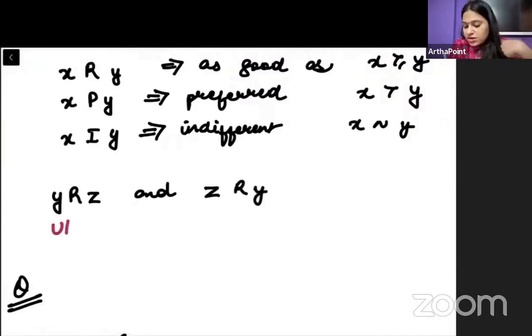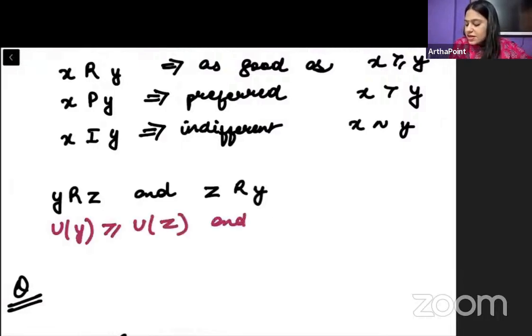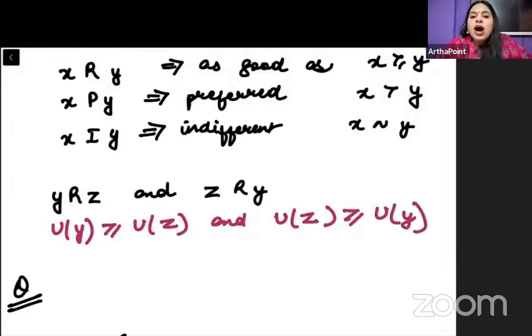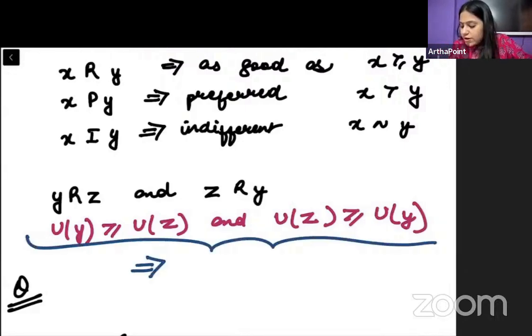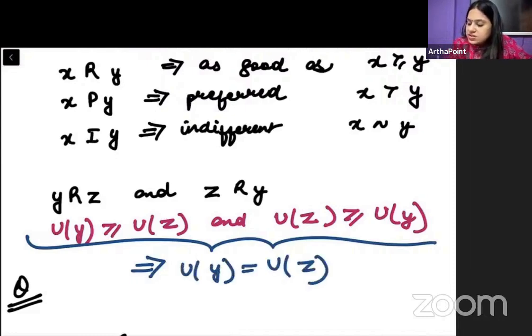This is telling me utility of Y is greater than or equal to utility of Z, and this is telling me utility of Z is greater than or equal to utility of Y. So how can the two things be satisfied together? The two things can be satisfied together only when Y and Z provide you with the same level of utility.